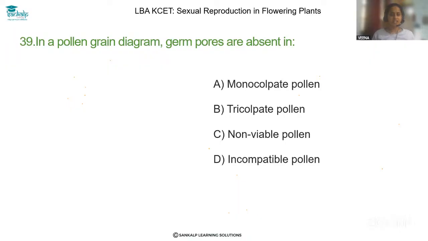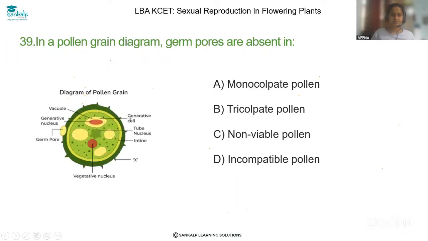Let's solve question 39. In a pollen grain diagram, germ pores are absent in. See, this is the pollen grain diagram. Actually, this is the correct pollen grain diagram. If you observe properly, there is a pollen grain, and on the outer layer a germ pore is present, so that it can form the pollen tube through the germ pore.